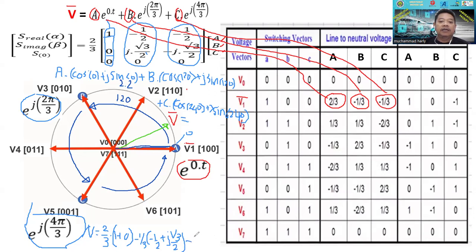C is minus 1/3 times here, minus a half, and then minus j square root of 3 over 2.